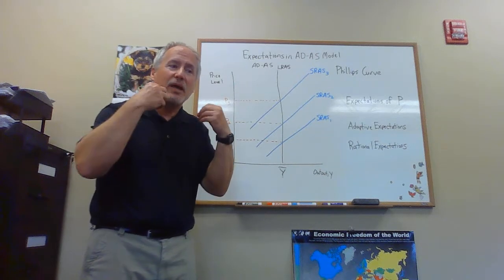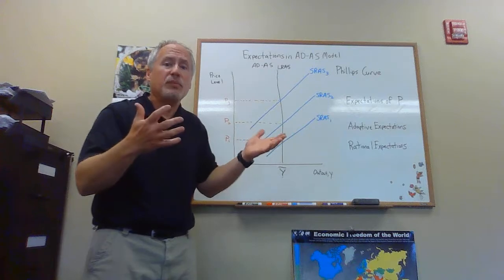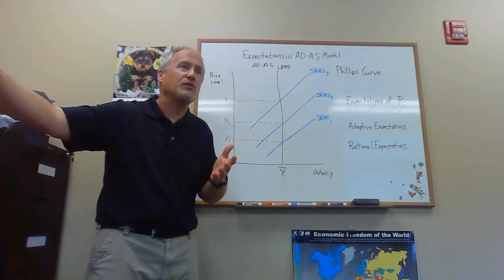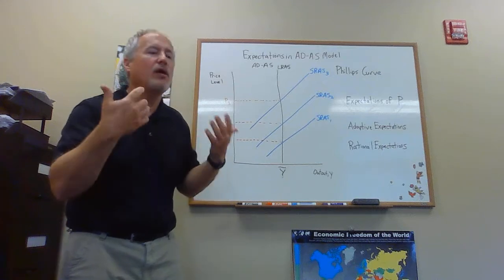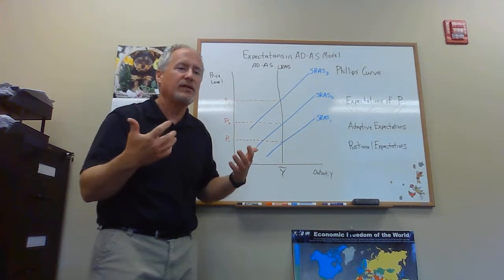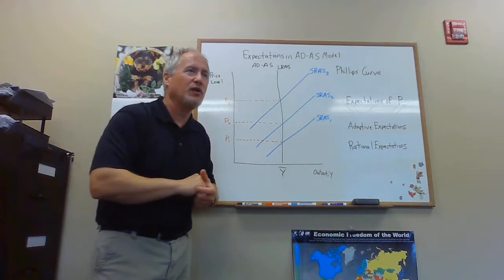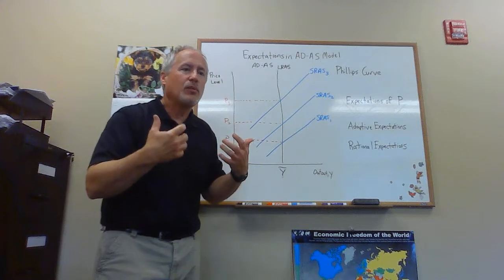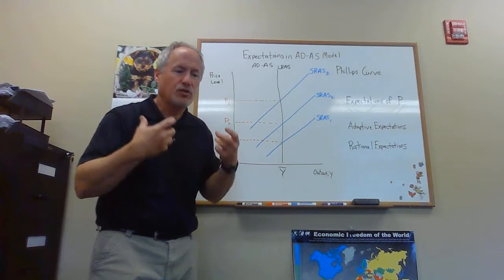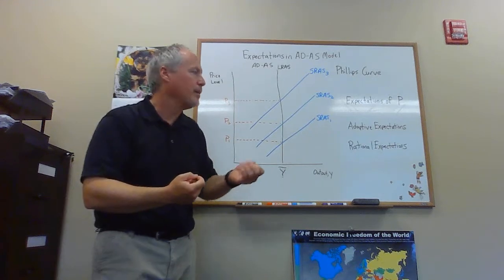So when people make mistakes forecasting the price in this model, it would be painful, because if we think about what's happening in the real world, this is what in the book they talk about as unexpected inflation. Unexpected inflation or unexpected deflation, if inflation isn't as high as you expect it to be, ends up causing real losses, real hardship, some real pain for people. They don't want to make that mistake.